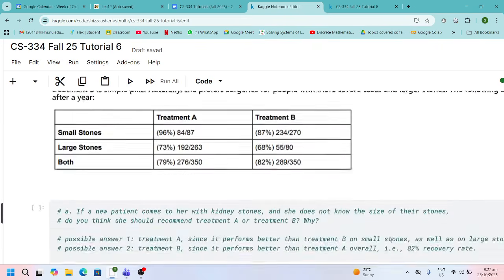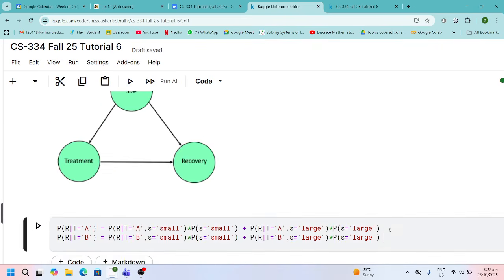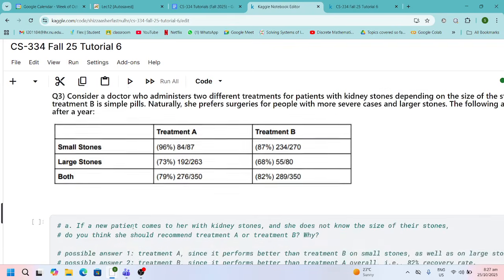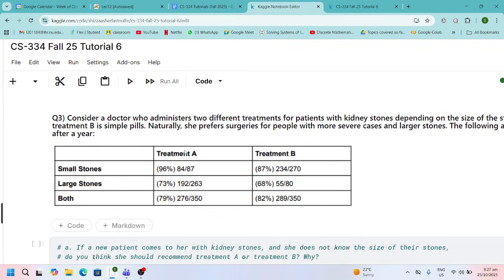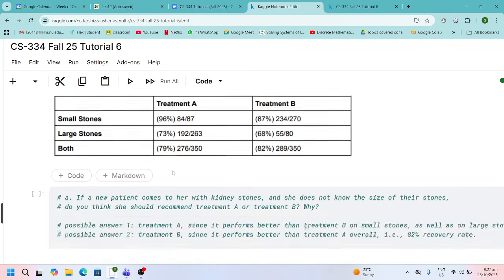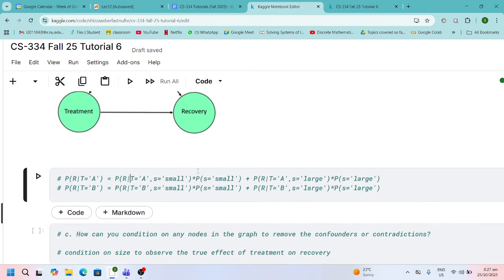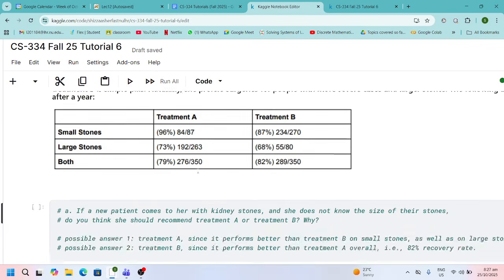All right, anyway, I am going to leave the solution with you because now you just have to plug in values. The probability that the treatment is A and the size is small is given to me. Treatment is A, size is small, probability of recovery is 96%, 0.96. Then that is multiplied by the probability that the size is small.